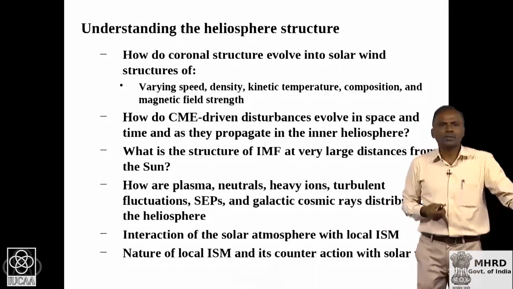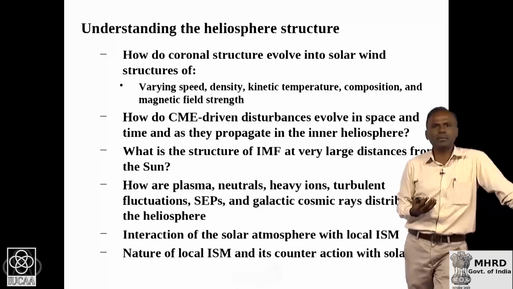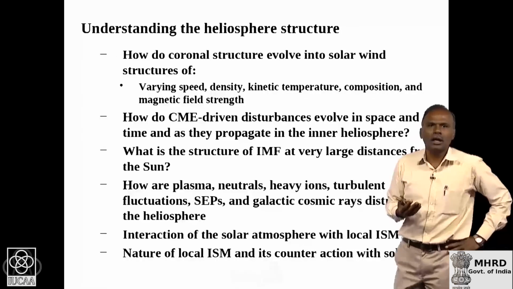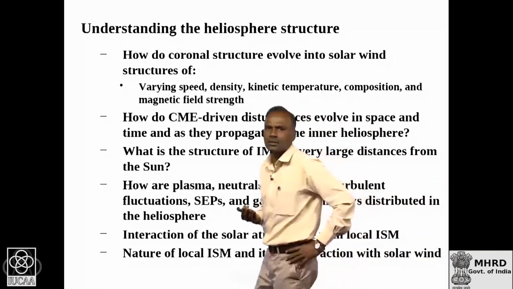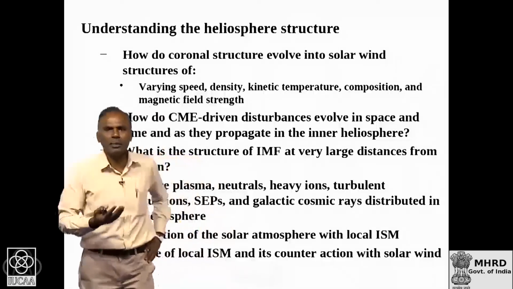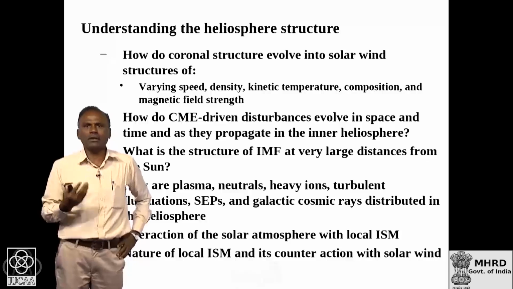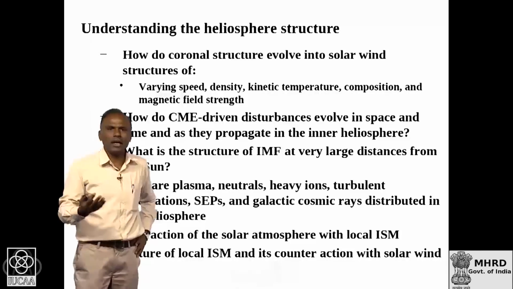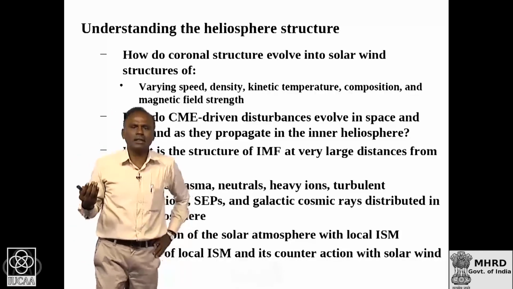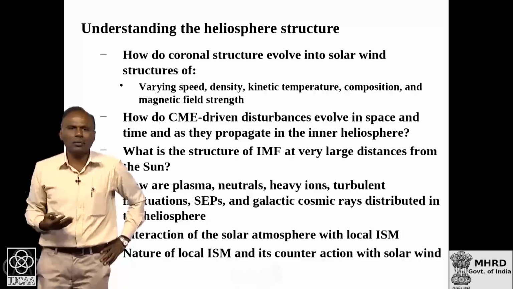Understanding the heliosphere structure involves how coronal structures evolve into solar wind, with varying speed, density, kinetic temperature, composition and magnetic field. How do CME driven disturbances evolve in space and time as they propagate in the inner heliosphere? That is another open question.